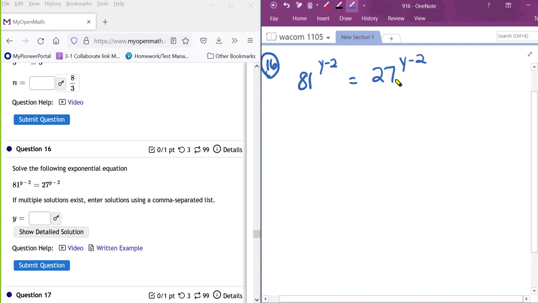We could look at 9. 9 is in both, but 9 to a power gets you high really fast. So 3. 3 to the 4th is 81. And 3 to the 3rd is 27.